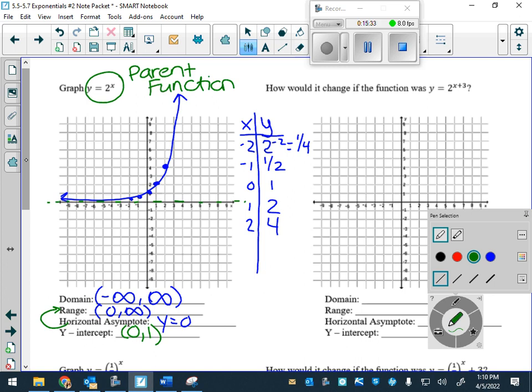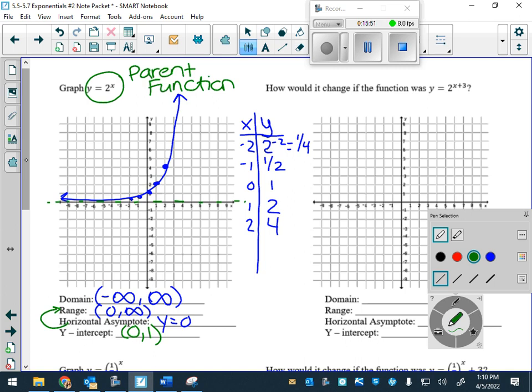Those are parent functions. Exponentials, it's either 2 to the x, 3 to the x, 4 to the x, 1/2 to the x. Those are parent functions. You will not see 1 to the x, okay? You will see 2 or higher or fractions, okay?